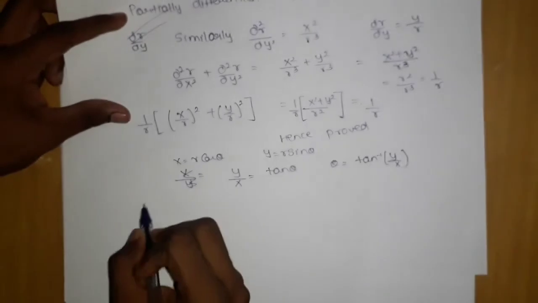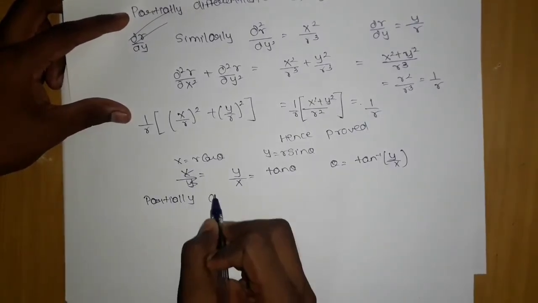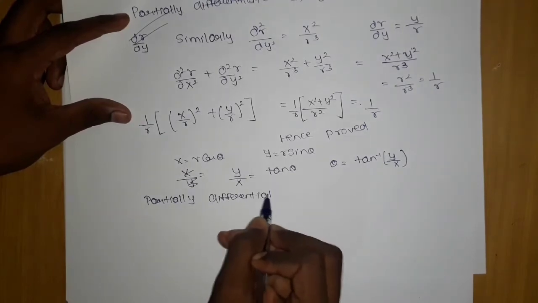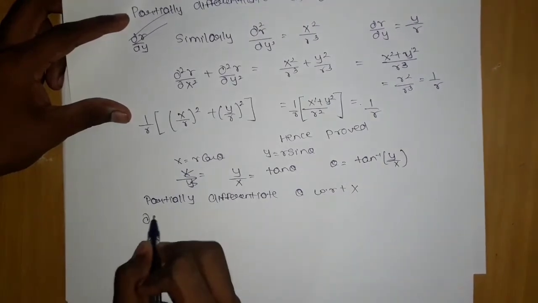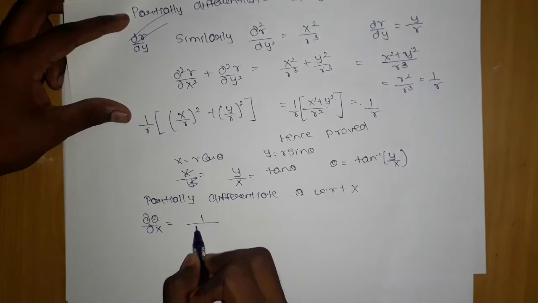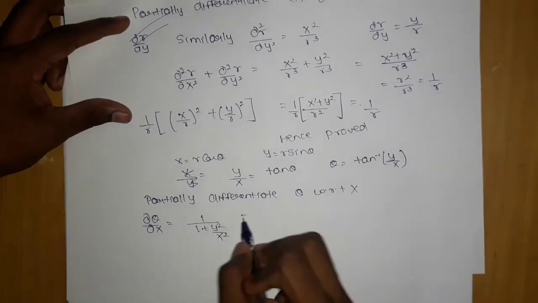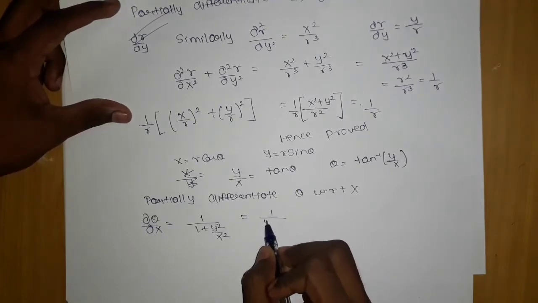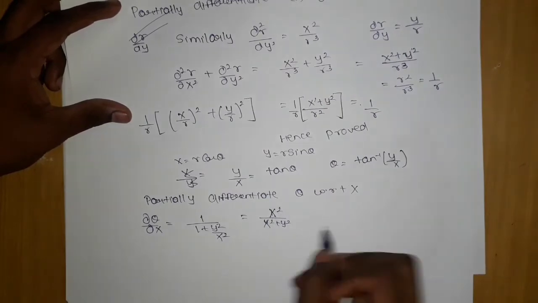Partially differentiate θ with respect to x. We are going to get dθ/dx equals 1 by 1 plus y²/x², times the derivative of y/x, which simplifies to the whole thing over x² plus y² the whole by x².